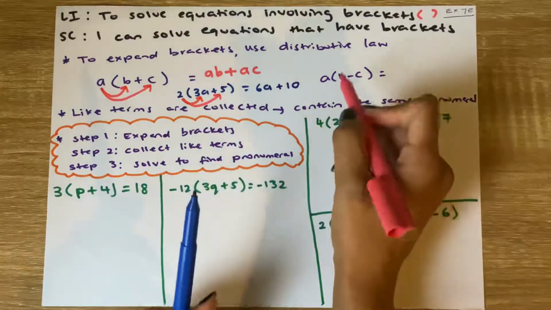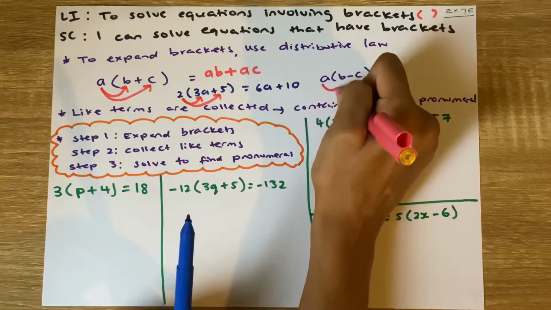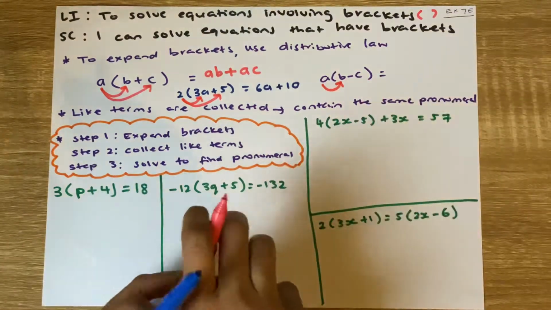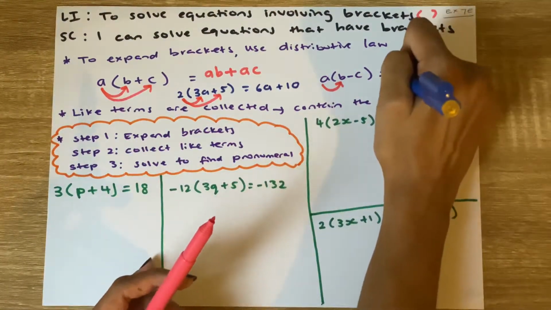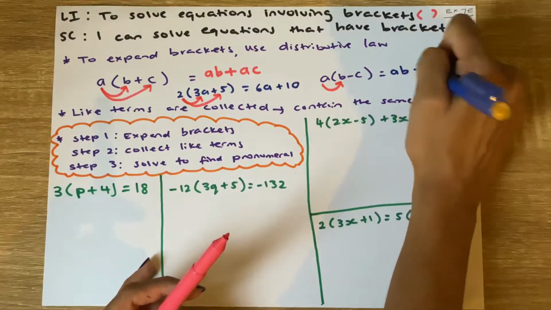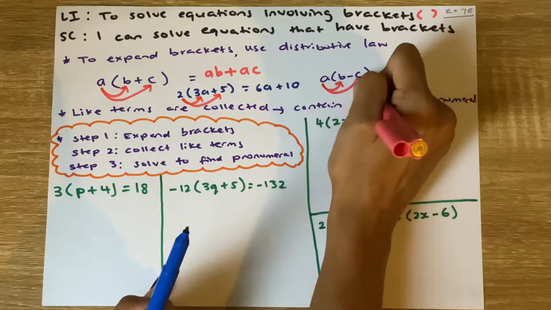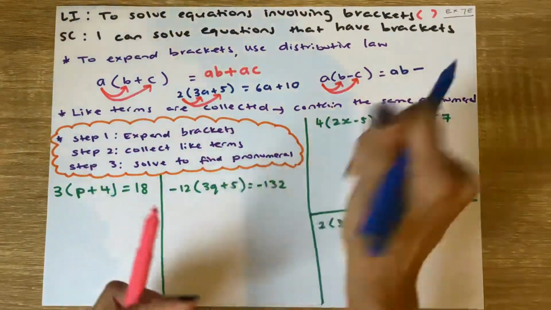Okay, looking at it with a negative symbol, we are going to do, again, outside number times first inside number, so that is AB. All right, that is a negative symbol, so we're going to say negative. And then A times C, which is AC.